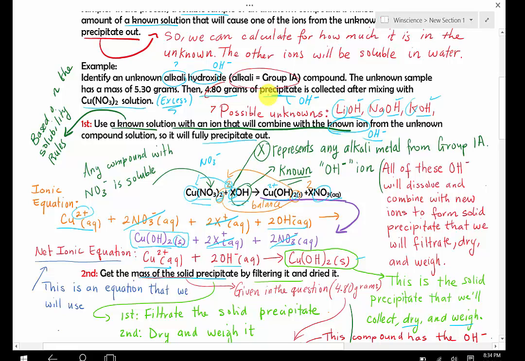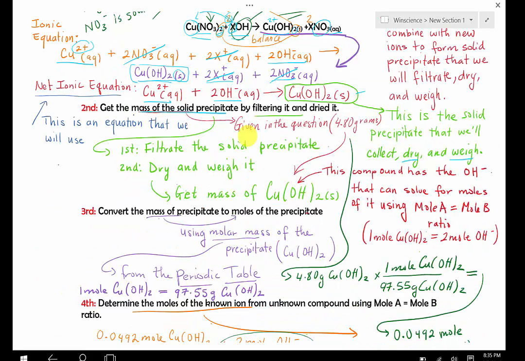And remember, it doesn't tell you what the precipitate is for a reason, because they want you to do all this math to determine what precipitate is going to form. Now, we filter it out, we collect the precipitate, we dry it, and we weigh it, and we get the mass. That's how the whole process is going to work every single time for any gravimetric analysis.